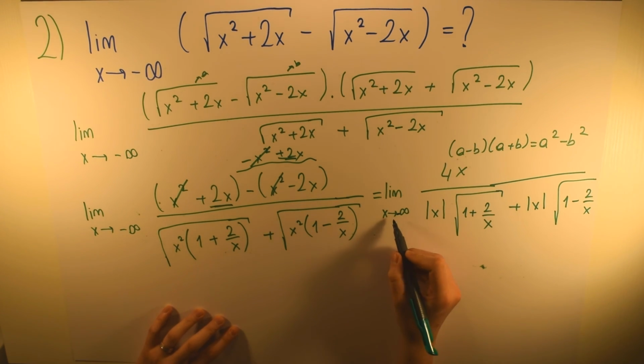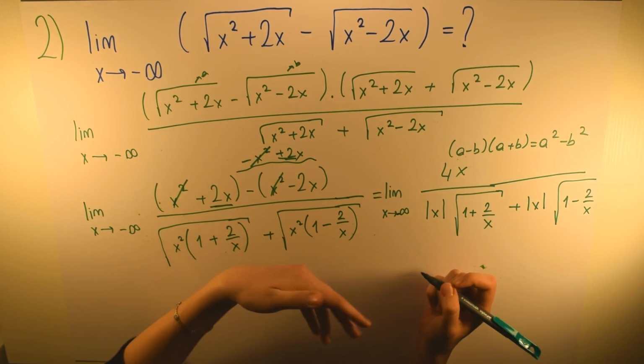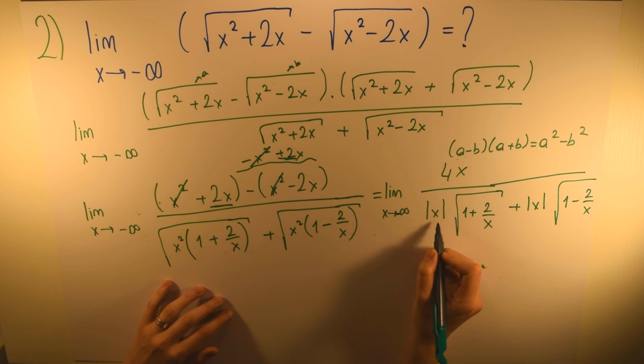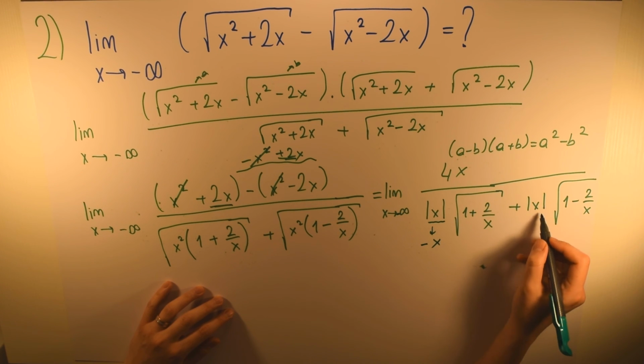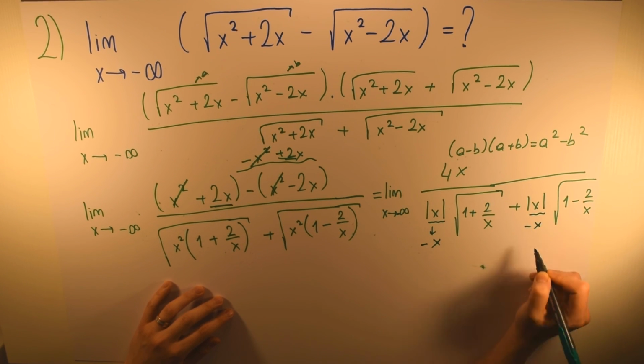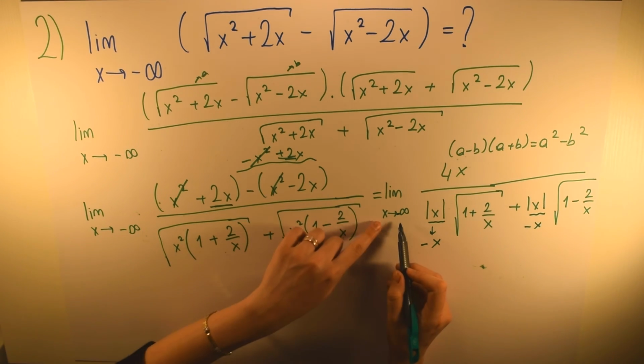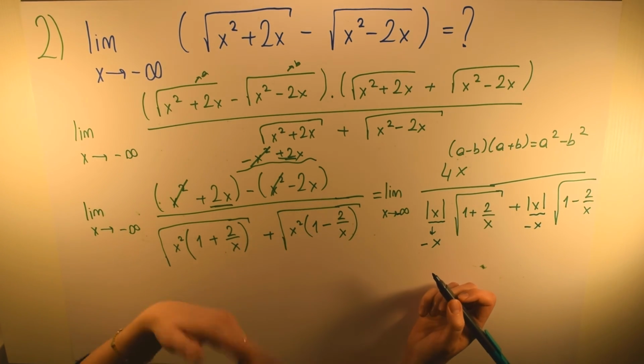Since x is approaching negative infinity, the absolute value of x is actually equal to negative x. This is also equal to negative x, because x approaches minus infinity.